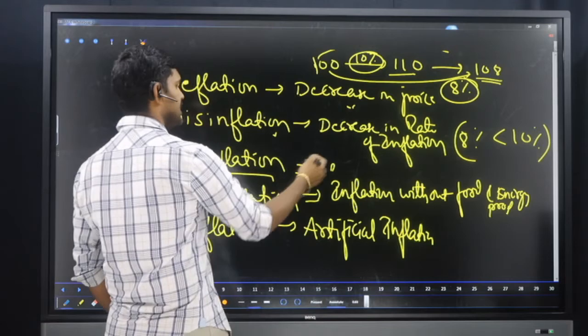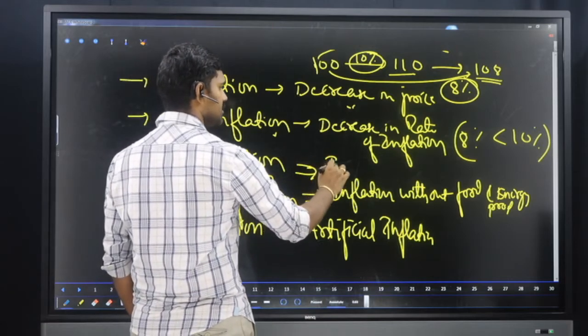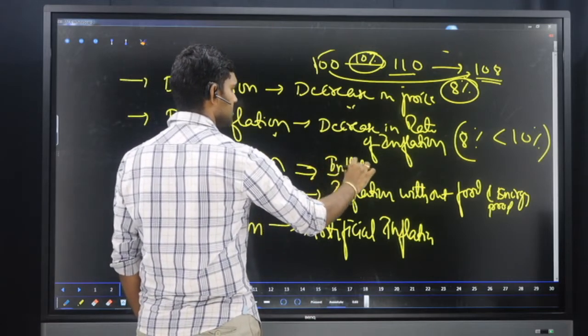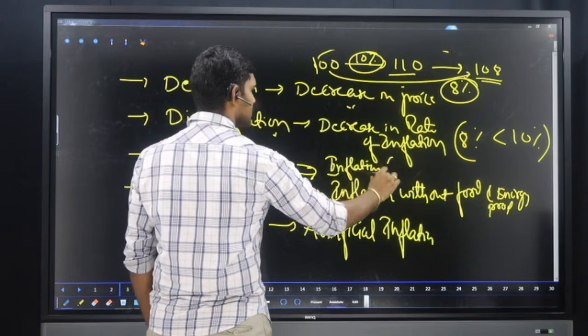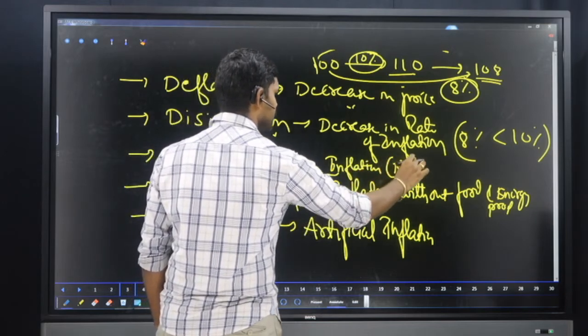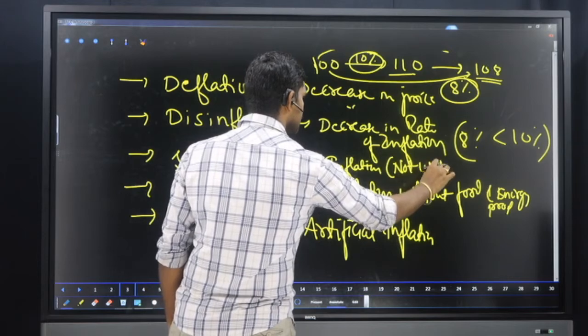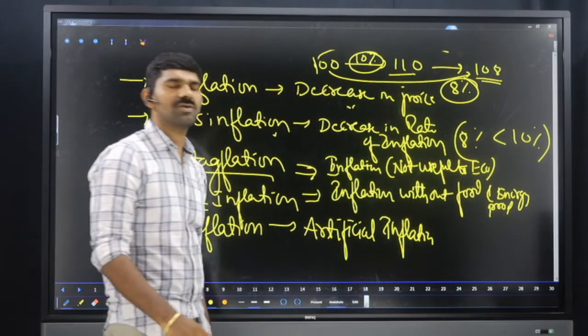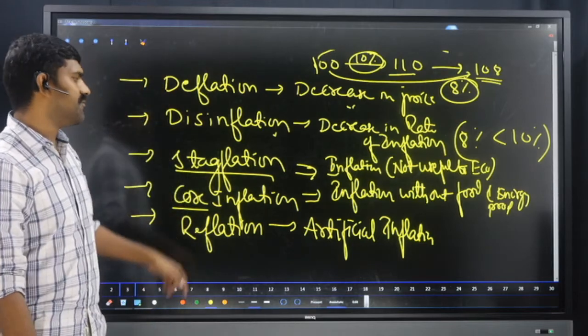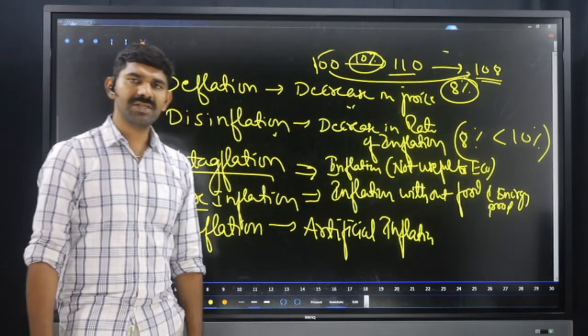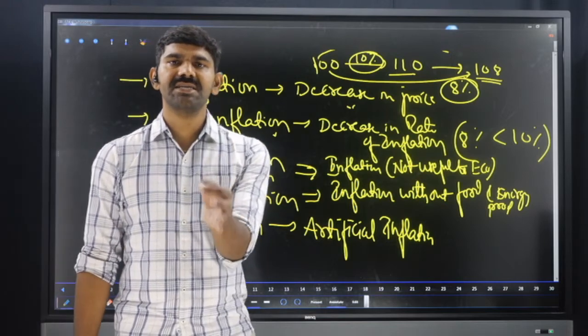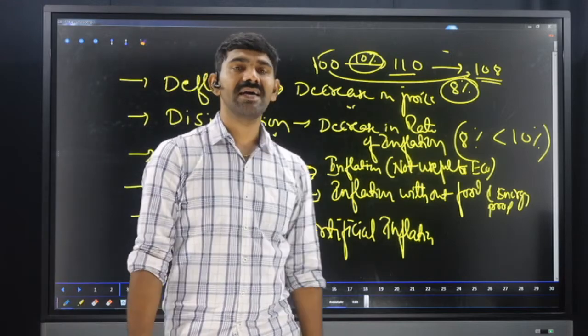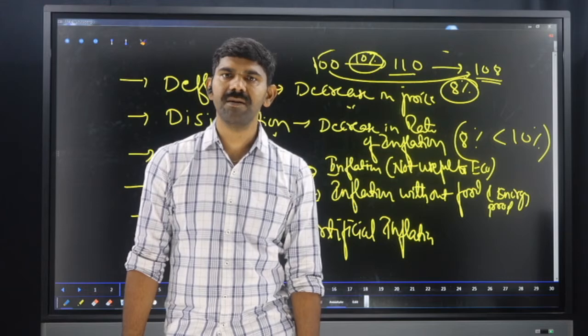Stagflation means inflation not useful to the economy, not useful to growth. Now reflation, artificial inflation, means what? Inflation created by the government is called reflation. Inflation created by the government.